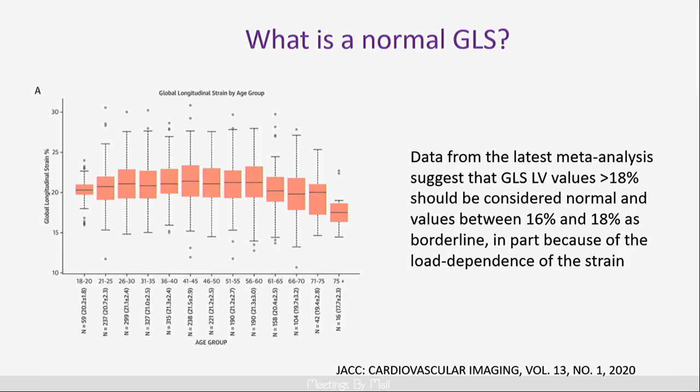Typically, we use a value of 18% or higher as normal, but a threshold of 16% probably accommodates some of the variability related to loading changes. Blood pressure has a relationship with the normal longitudinal strain. So 16% or lower, 15% or lower is clearly an abnormal longitudinal strain.